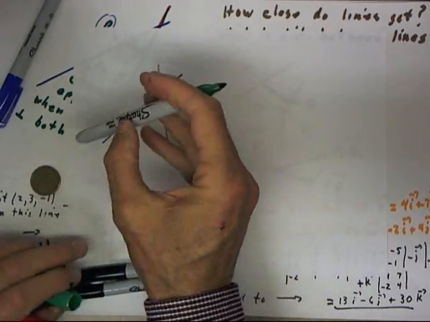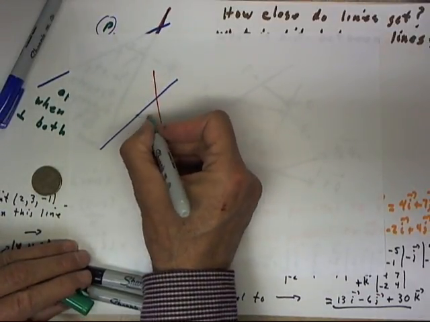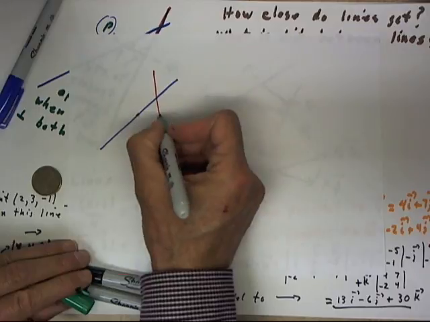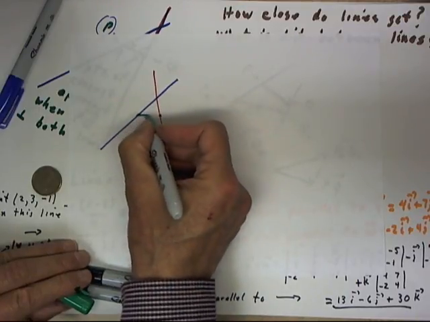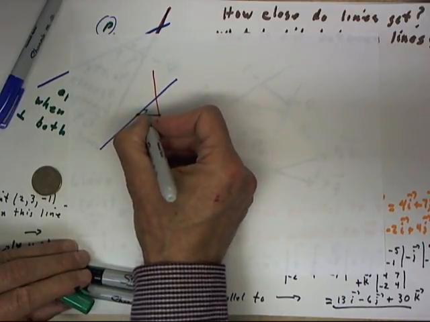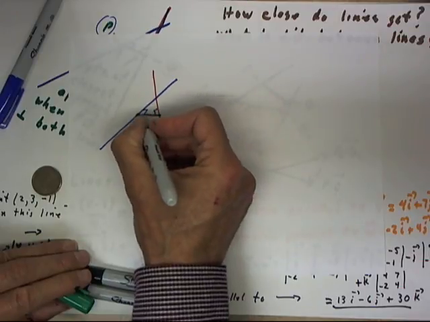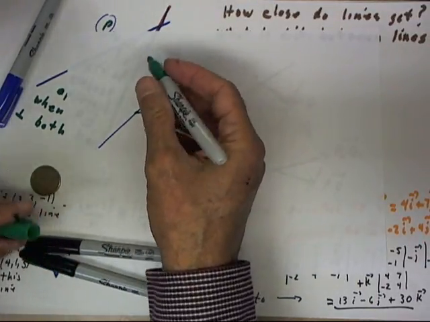We have our points of closest approach that we don't know yet, and a line here that's perpendicular to both of these, joining these 2 points.